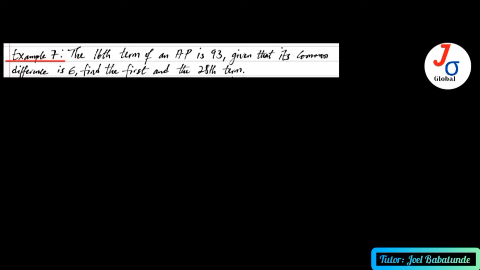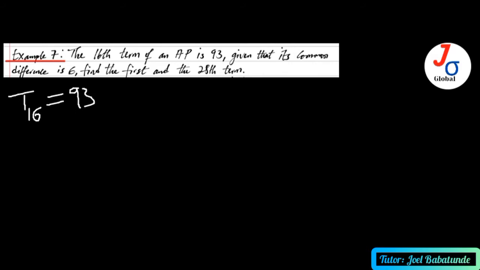So we have this example: the 16th term of an AP, that tells us that T sub 16 is the 16th term, and that's equal to 93. We're writing out the parameters.